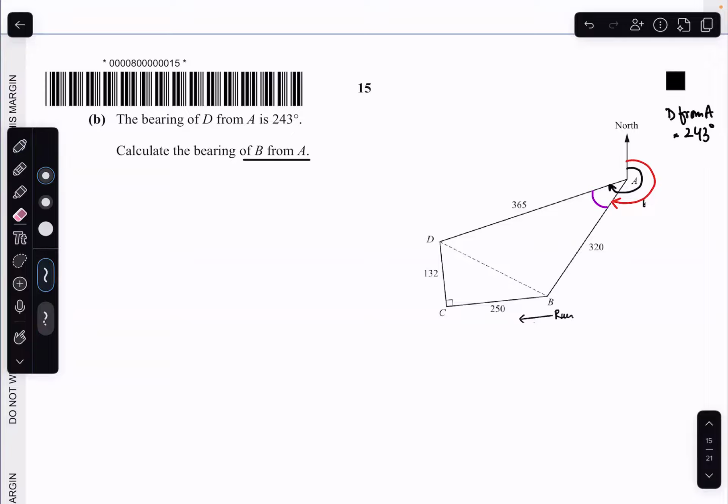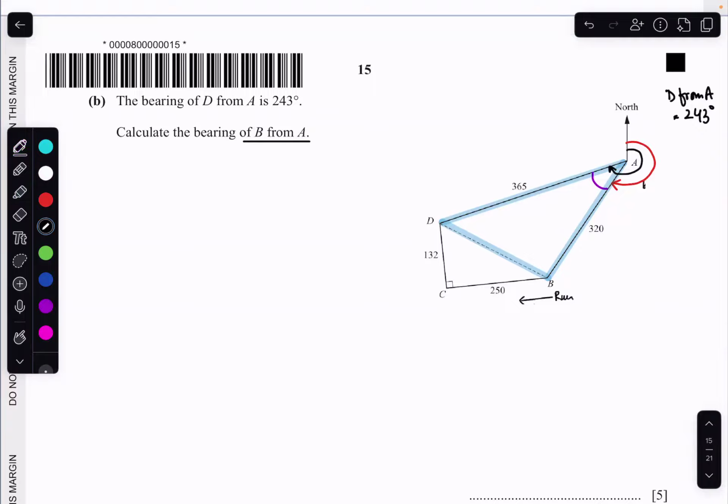Now, for that, if I split this shape, I can see a non-right angle triangle and a right angle triangle. Can I apply anything to the non-right angle triangle to figure out the angle? We can use Pythagoras theorem to calculate dB, then use cosine rule for the angle.